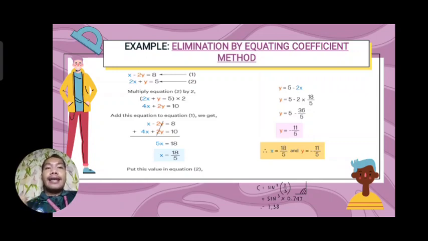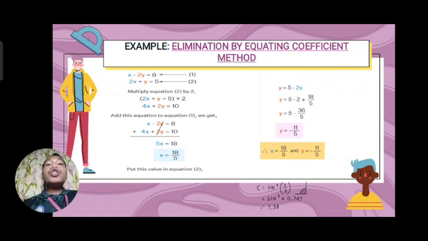That's our second equation. So how do we eliminate the value of x or y? In our first step, it defines that you have to find any number or constant that will let you eliminate the variable you want to eliminate from the second equation.